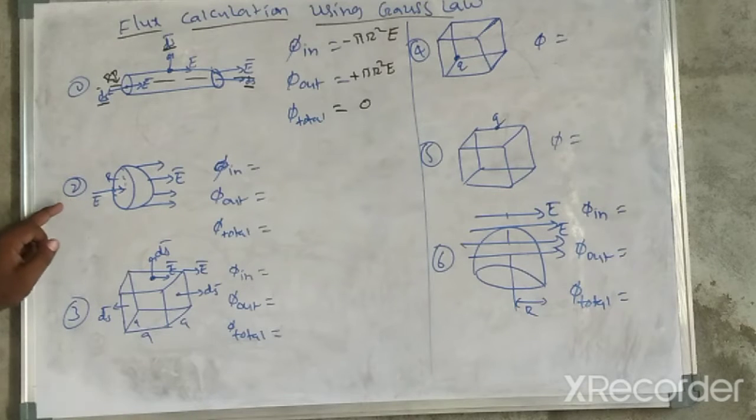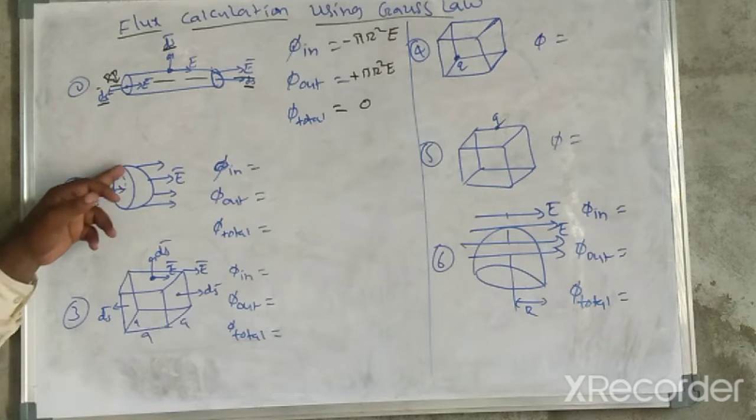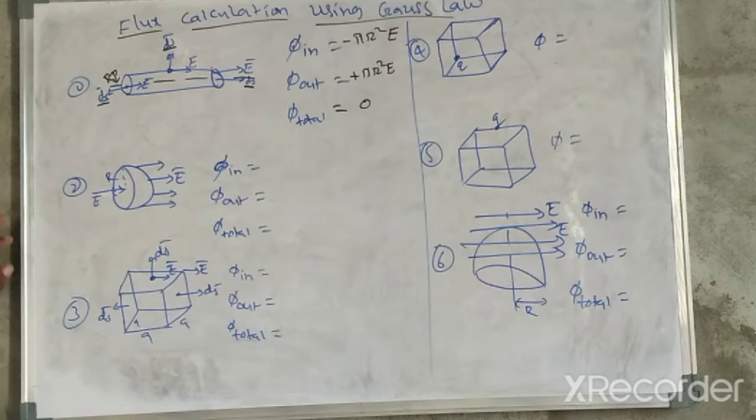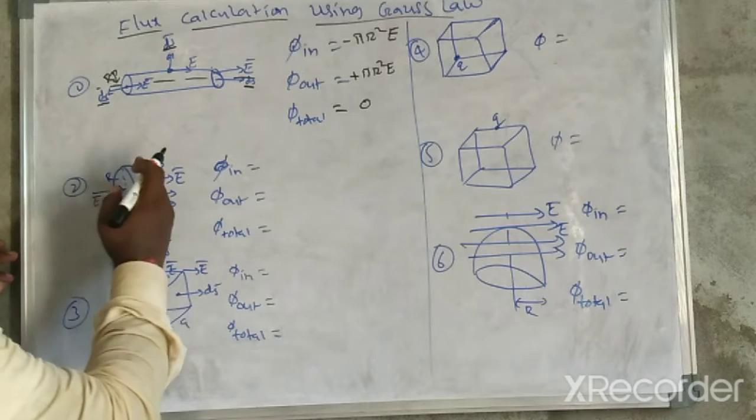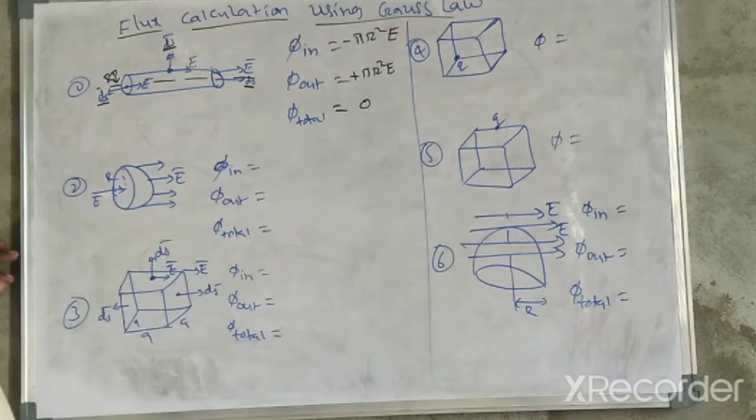Now the second one. Let us consider a hemisphere of radius capital R, with the electric field going into the hemisphere and coming out of the hemisphere.